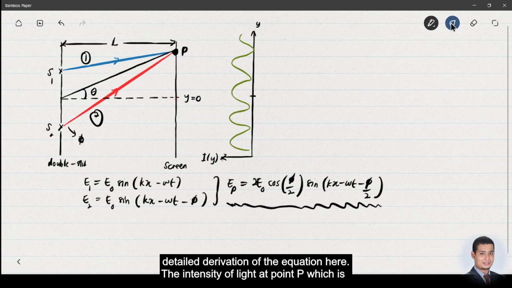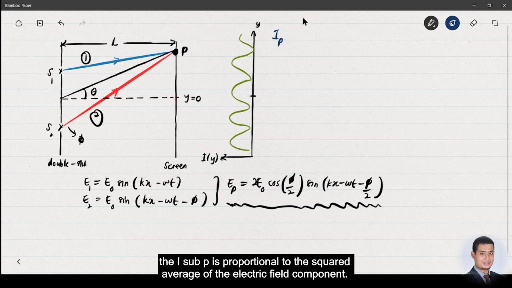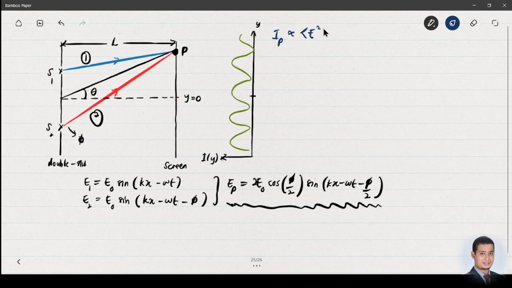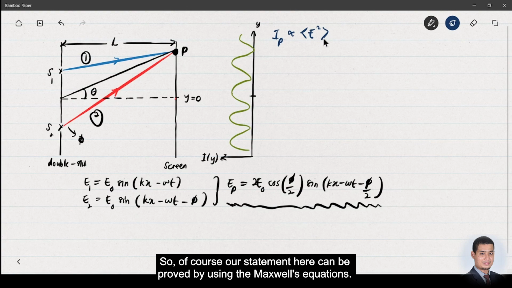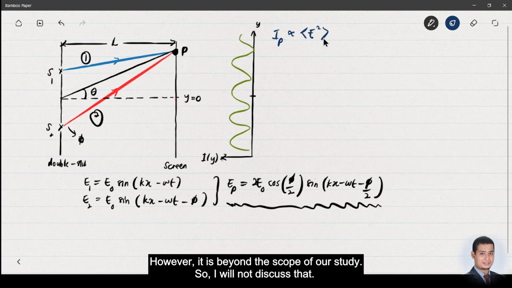The intensity of light at point P, which is I sub P, is proportional to the square average of the electric field component. Of course, our statement here can be proved by using Maxwell's equations. However, it is beyond the scope of our study, so I will not discuss that.